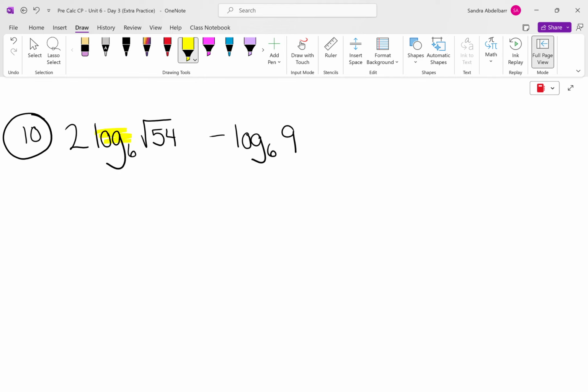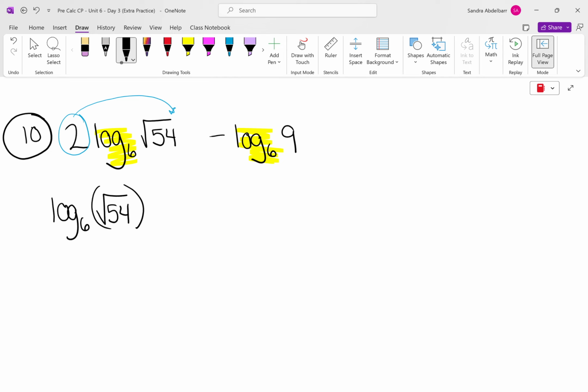Because they both have the same log base 6, I can condense this down into 1 log. But before I do that, this 2 in front, I can put it back as what? As an exponent on the square root of 54. So this is log base 6 of the square root of 54 squared.